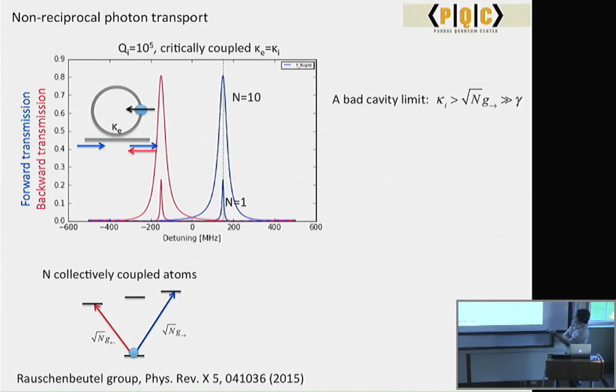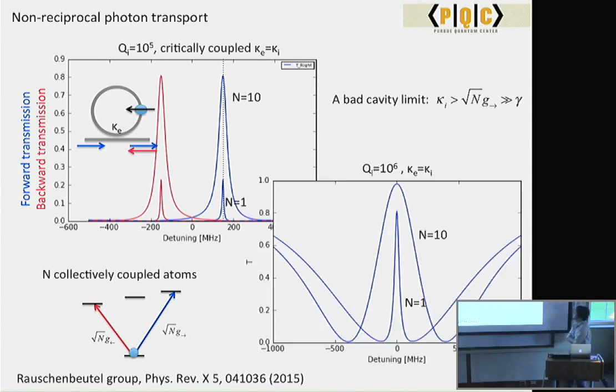Send a light probe to the left, you see a shifted transmission spectrum. So if you put the laser frequency right at this atomic resonance here, then if you send light to the right, you have transmission of 80%. If you send light to the left, there's almost no transmission. So this is a very interesting non-reciprocal light transport.